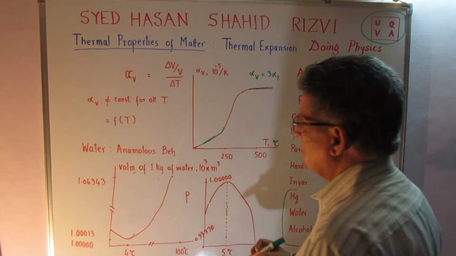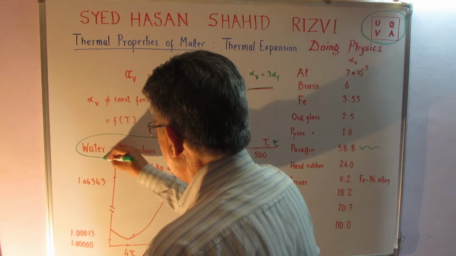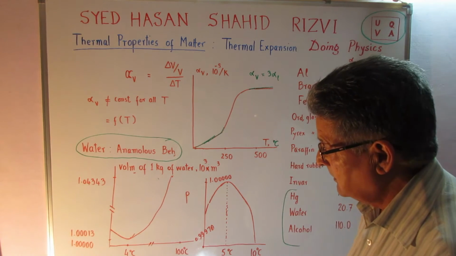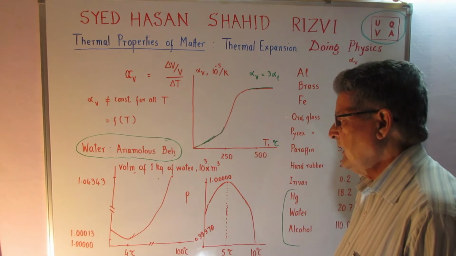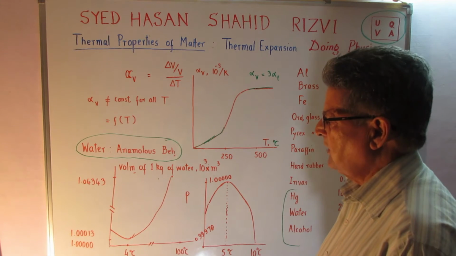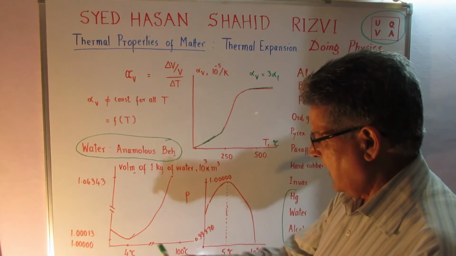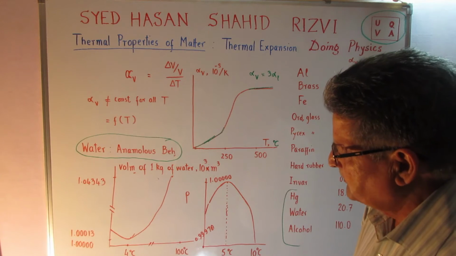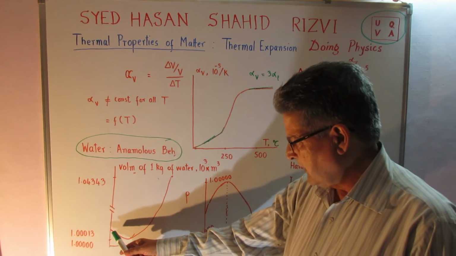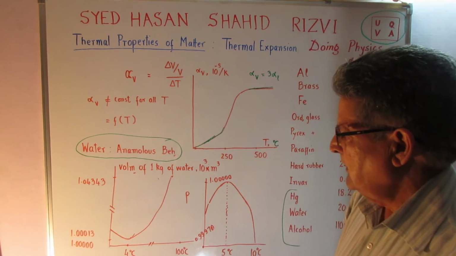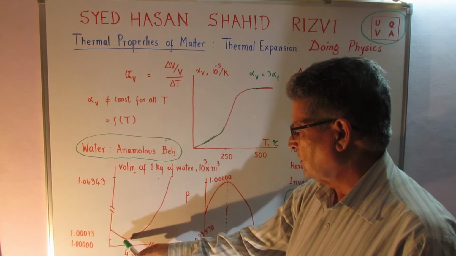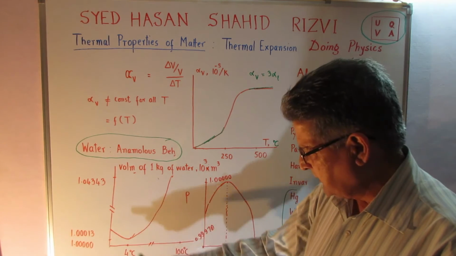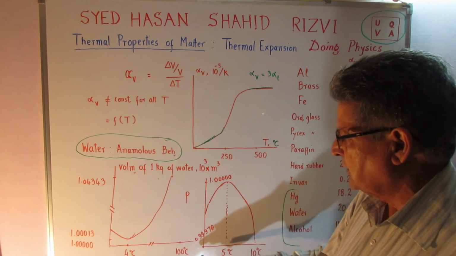The most interesting example is water. Water has an anomalous behavior in that from 0 Celsius, when it is in the form of ice, if you heat the water, the volume of the water decreases until 4 degrees Celsius, and thereafter it starts increasing with rising temperature.